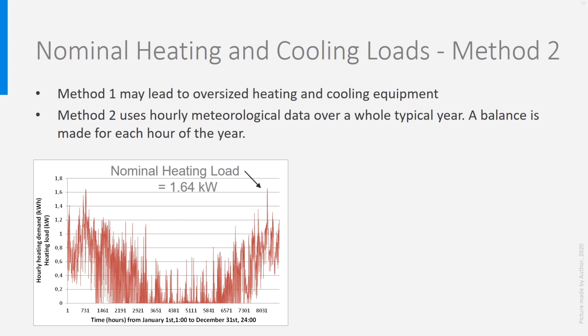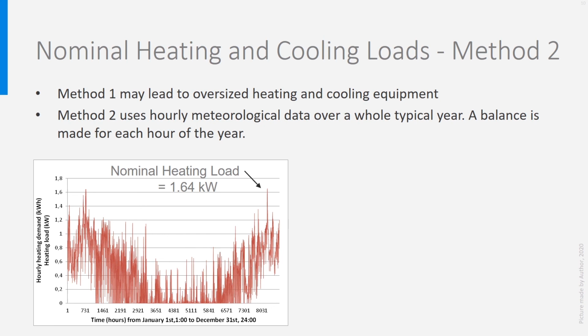You see here that the maximum power is obtained somewhere at the end of the year and has a value of 1.64 kilowatt. This is a bit less than the value we calculated with method 1, which was 1.8. This is because the minimum temperature occurring in our representative weather data file is -7 degrees instead of -10.